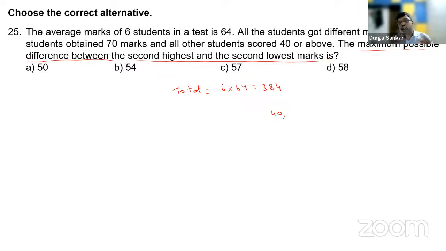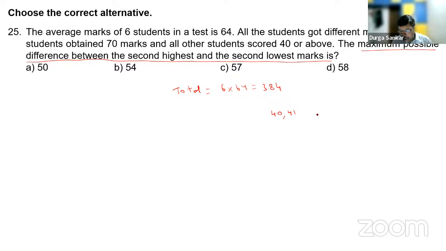If I want the difference to be maximum, then the second lowest should be the least possible number and the second highest should be the highest possible number. Since all students have scored 40 or above, I will assume the lowest score is 40. Everyone scored different marks, so the second lowest is 41.